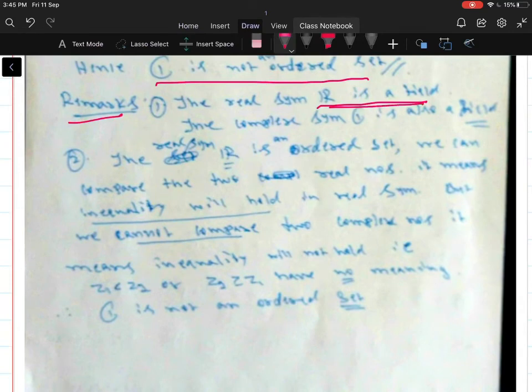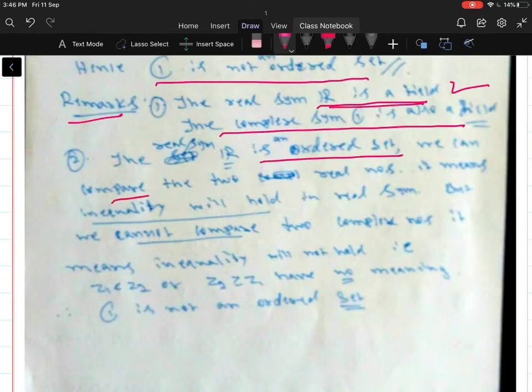Let us remark. The real system R is a field because every non-zero element has a unique inverse. Therefore, R is a field. Even the complex system C is also a field, which we studied previously. Let us move to the second point. The real system R is an ordered set. We can compare two real numbers.